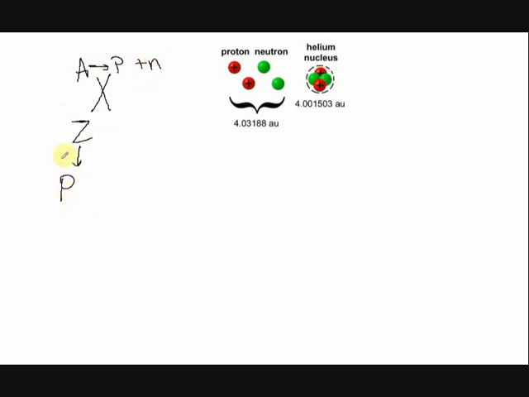The proton has a constant value for its mass, equal to 1.00728 atomic mass unit, and the mass of a neutron equals 1.00866 atomic mass unit.